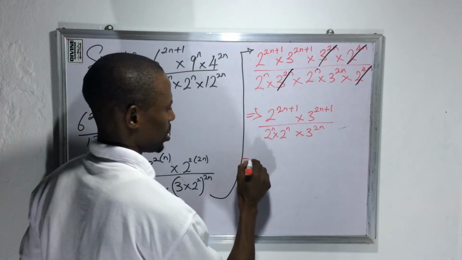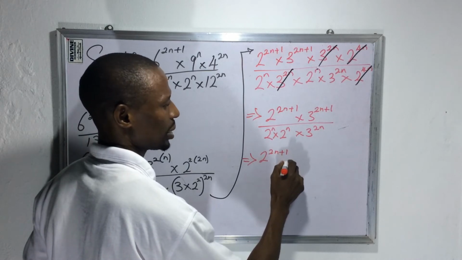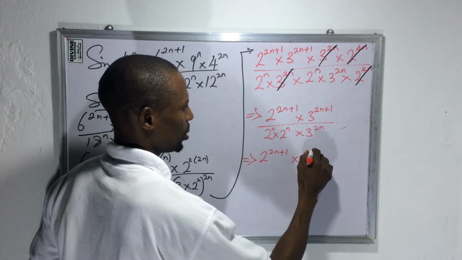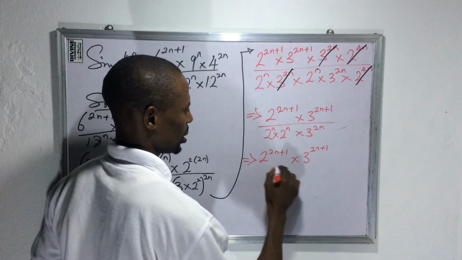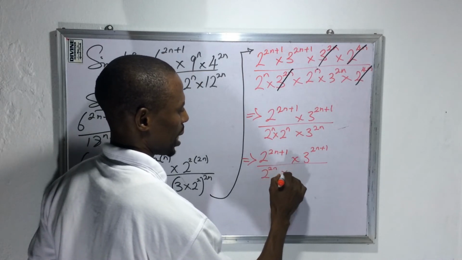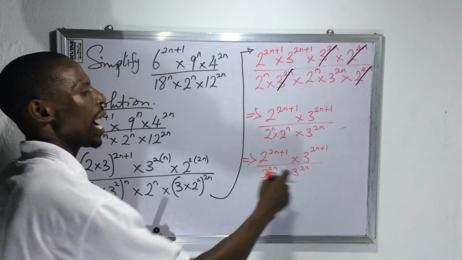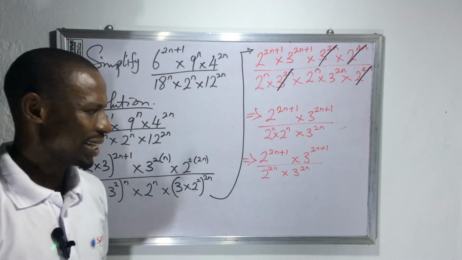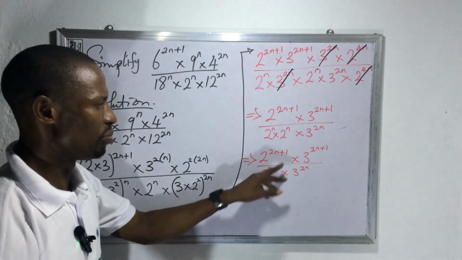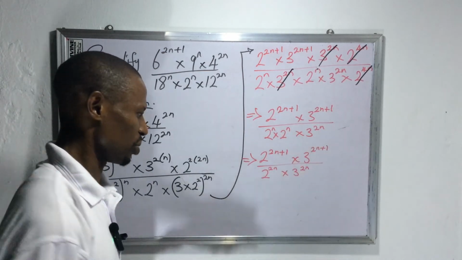So this implies 2 raised to 2n plus 1, times 3 to 2n plus 1, all over 2 raised to 2n times 3 raised to 2n. Now we apply the law of indices that says whenever we have an expression like this, the denominator will move up and be subtracted from the power here.